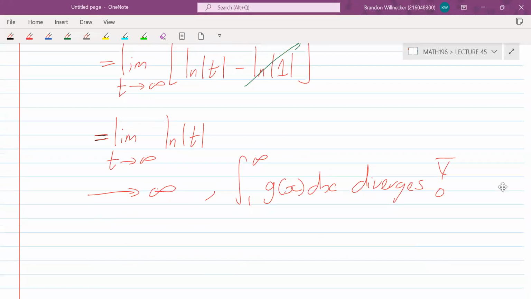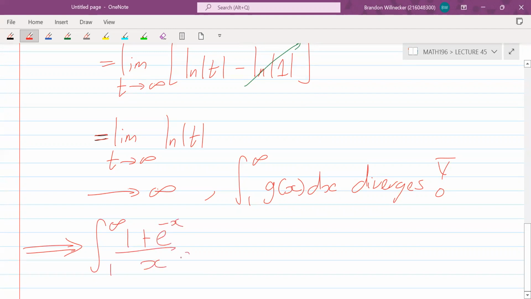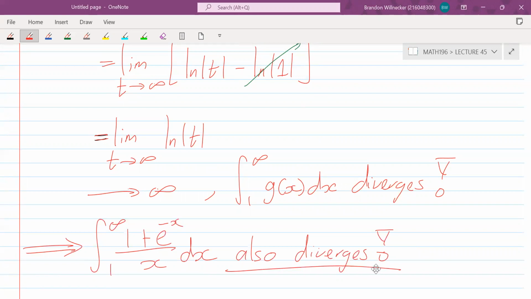So from our comparison theorem, it says that if this diverges, then the original also diverges. So this implies that the integral from 1 to infinity of 1 plus e to the minus x over x also diverges. Okay, which is what we wanted to show.